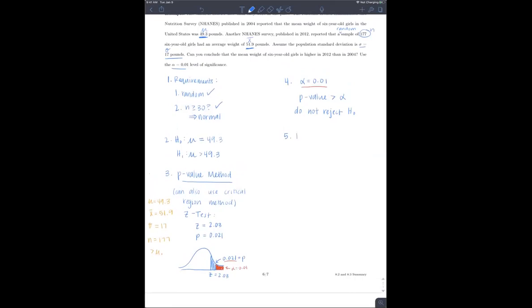So there is not enough evidence to conclude that the mean weight of 6-year-old girls is higher in 2012 than 2004.